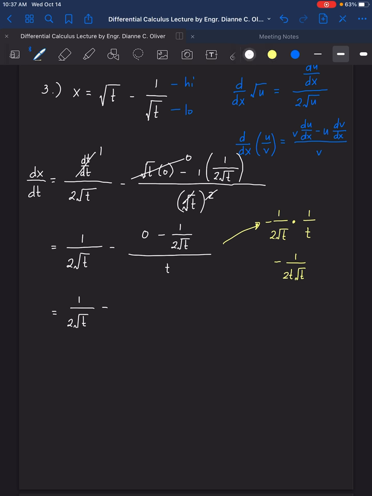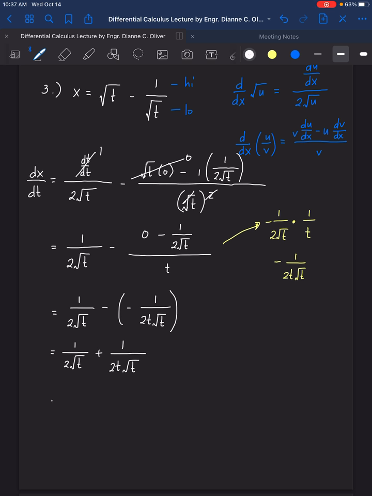So going back, we have there negative 1 over 2t square root of t. Then this becomes 1 over 2 square root of t plus 1 over 2t square root of t.